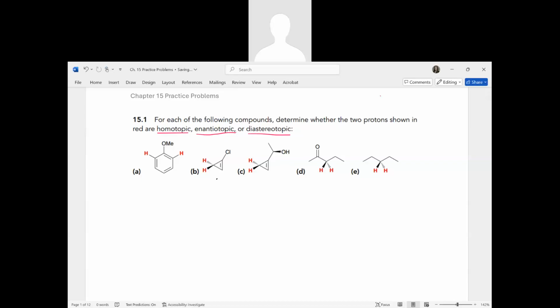So if you recall, if we can find an axis of symmetry, then we could have homotopic protons if we were to exchange them, and they would be equivalent compounds. So remember, if you apply an axis of symmetry here and rotate, close your eyes, will this proton be the same as this proton?